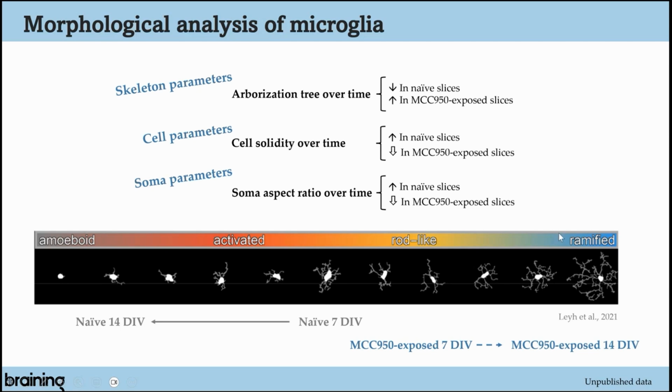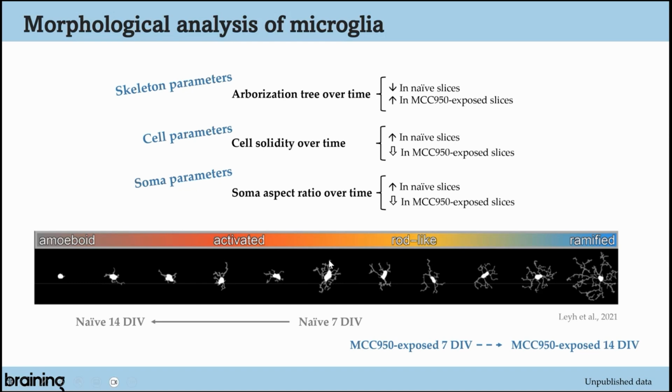So we have the ramified resting microglia, tiny cell bodies with a huge arborization tree, and then the progression to an active state. The rod-like microglia are kind of bipolar, with processes on one end and the other. And we go further.